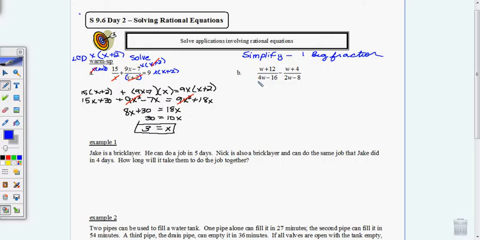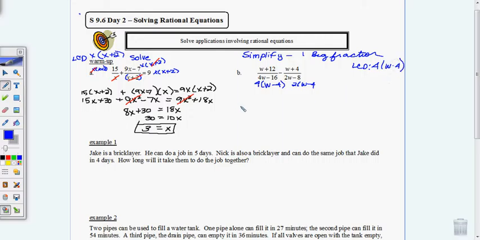So first thing I'm going to do is I'm factoring the bottom. This is a W minus 4, and this is a 2 and a W minus 4. So when I find my LCD, in this case my LCD would have a 4 and a W minus 4 in it.